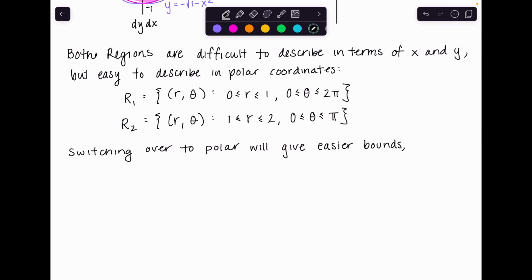Well, here I've got dA, the dx dy. So how do I switch that component over? You're going to see the inside changing the function isn't going to be a ton of work. It's that dA that will be a little bit difficult. So switching over will give us easier bounds, but now we need to figure out how can we change everything else.